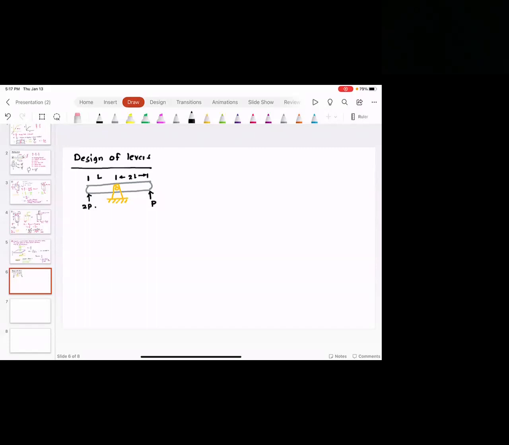So lever is a simple machine. Before we get into the design and nitty-gritties of the lever, I just want to specify what we mean by a machine in terms of kinematic parameters. So this is a simple machine.